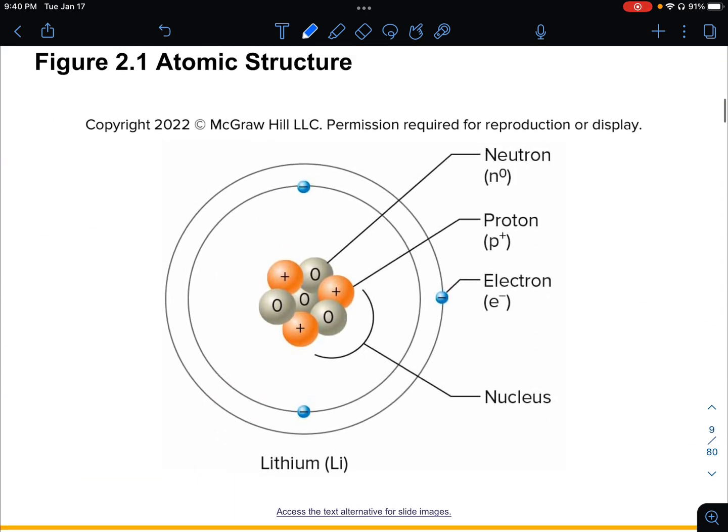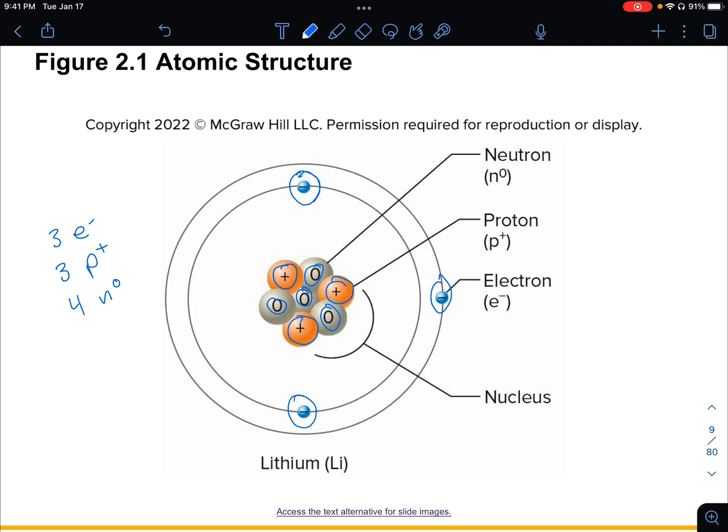So let's look at our atomic structure here. We can count one, two, three electrons. So we have 3 electrons. We have 1, 2, 3 protons, and we have 1, 2, 3, 4 neutrons. Interesting.